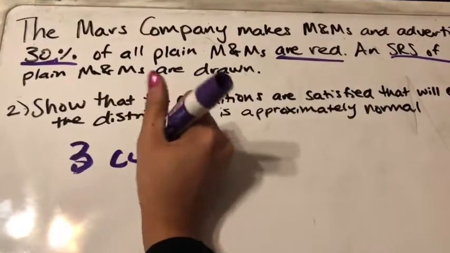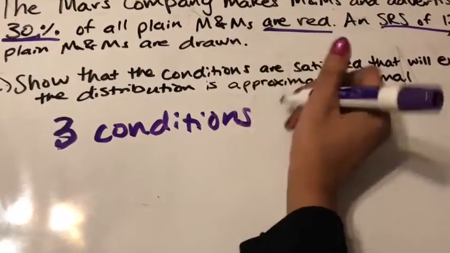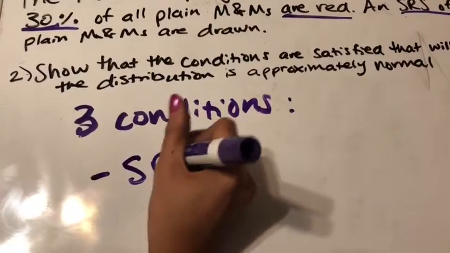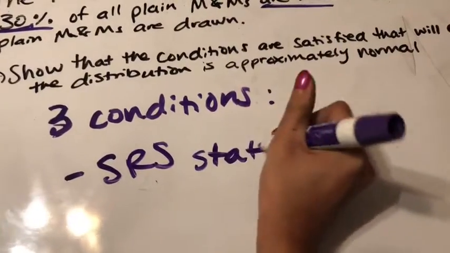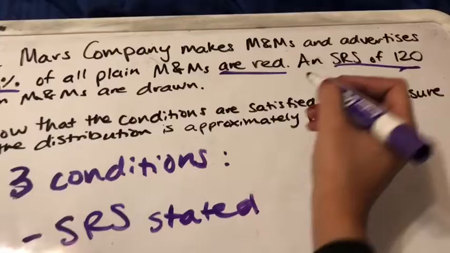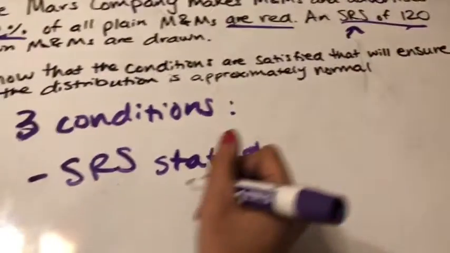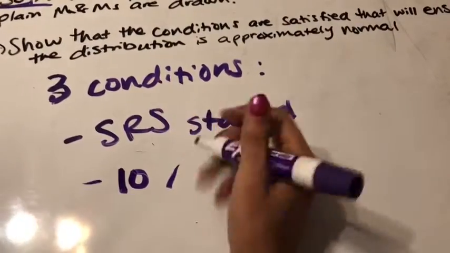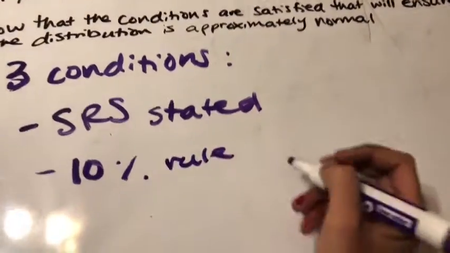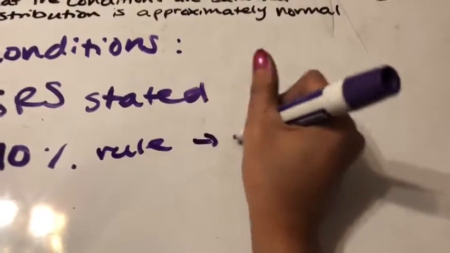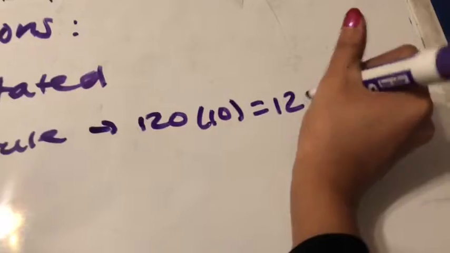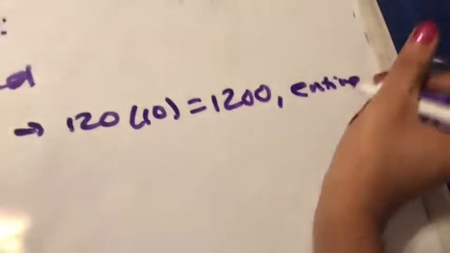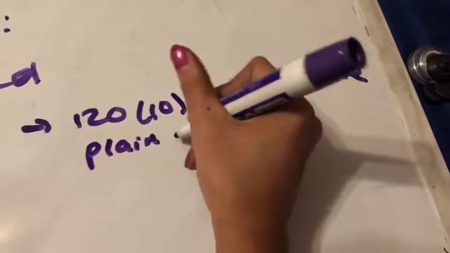Remember, for each question, you must always state the 3 conditions. The first is making sure that the question says that the sample is a simple random sample. Next, you must make sure you have the 10% rule stated, which we already did in the problem before, but here it is again.